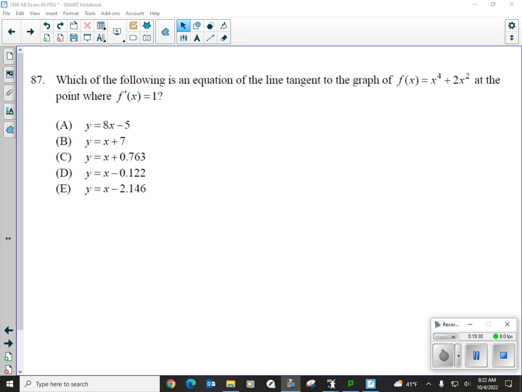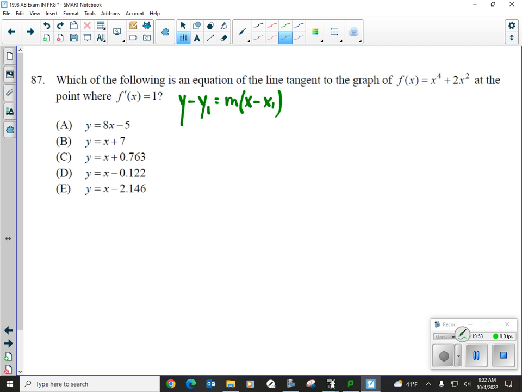Okay, number 87. Which of the following is an equation of a line tangent to the graph of f of x equals x to the fourth plus 2x squared at the point where f prime of x equals 1? Okay, first of all, immediately, equation of a line, y minus y1 equals m times x minus x1. Normally, well, actually, all the time, we need 3 pieces of information.